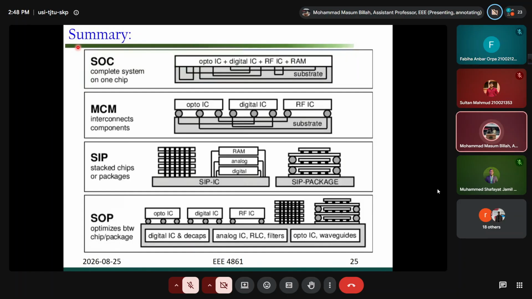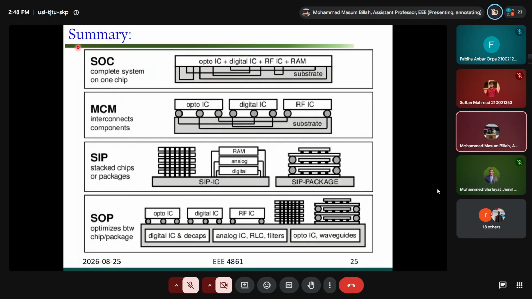And in one slide, this is the last slide, I had a summary of SOC, MCM, SIP, SOP. So maybe you can see here one complete system on one chip. So you have different types of ICs, optoelectronic IC, digital IC, RFIC, RAM, and physical interconnect. And they are fabricated on top of a single substrate that is called system on chip. MCM, multi-component module.